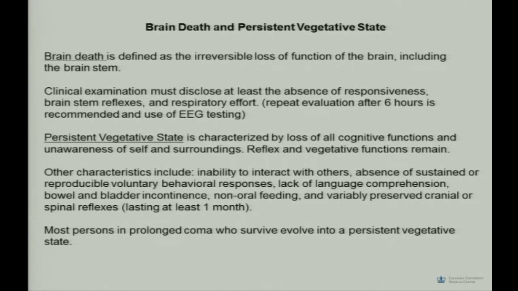Now, there is a greater recognition of a level of consciousness above the persistent vegetative state. It's sometimes referred to as a minimally conscious state. And in that state, it's not so black and white. Okay? These people may have periods of the day where they seem to respond to certain individuals. They may only respond to family.